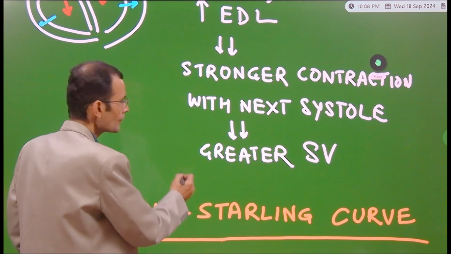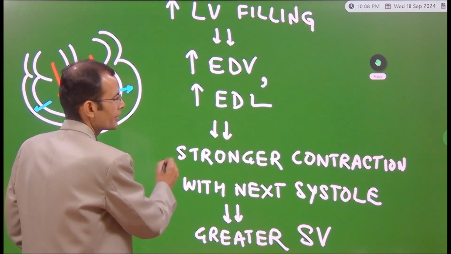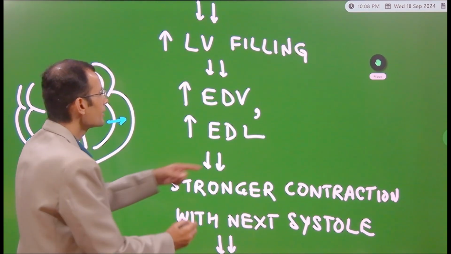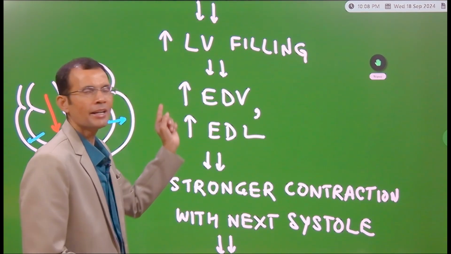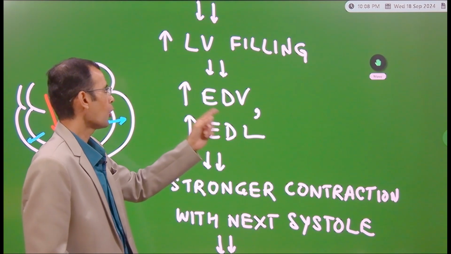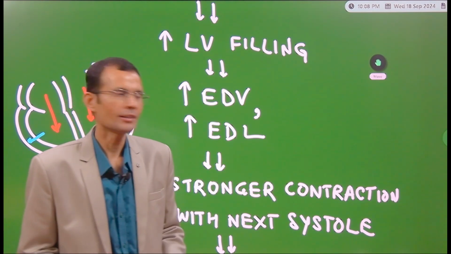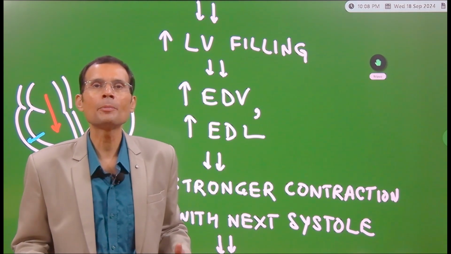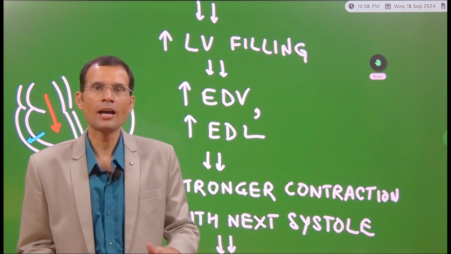Easy. So you can see here that the stroke volume that is ejected out is proportional to the end diastolic volume or end diastolic length. They go hand in hand, of course. So that's another interpretation of the Frank-Starling law.